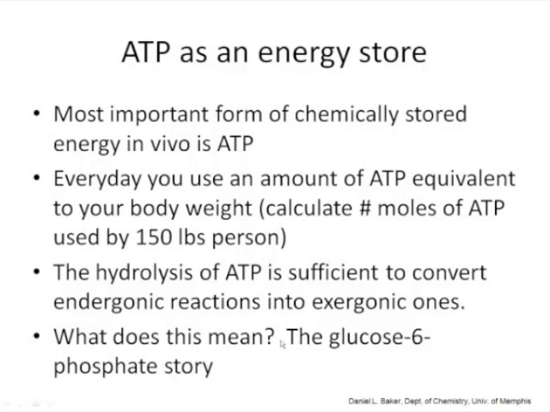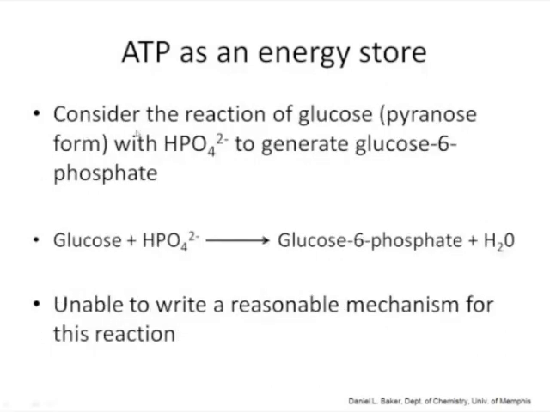And we can illustrate that with a simple example here of glucose 6-phosphate. Consider the reaction of glucose in the pyranose form with phosphoric acid, in this form here, HPO4 2-, which is the form that it's going to be at physiological pH.